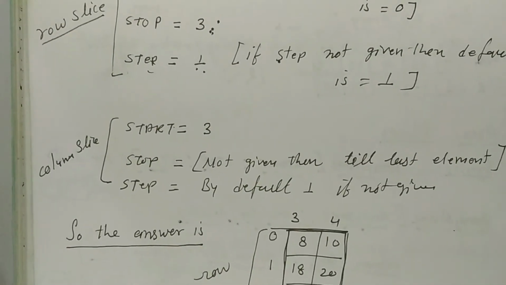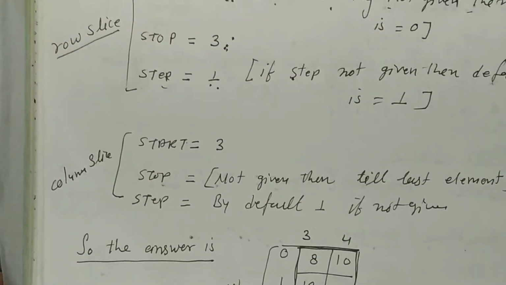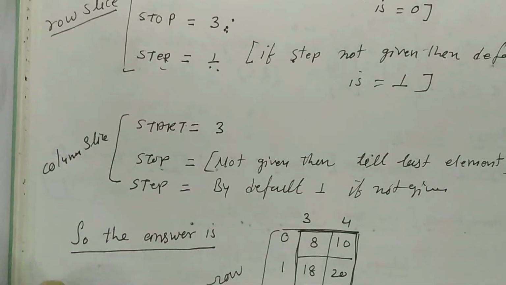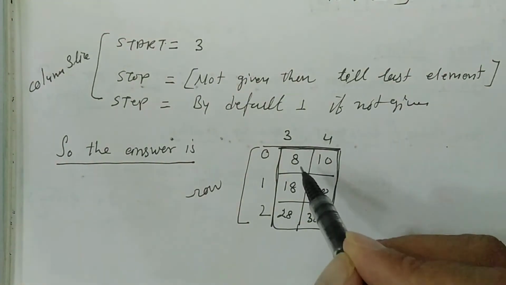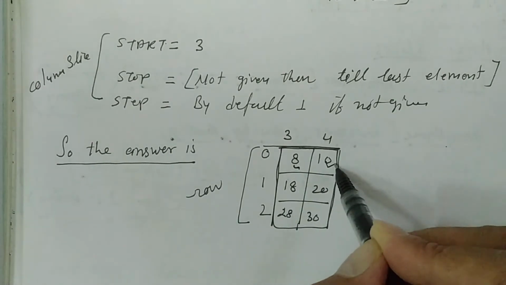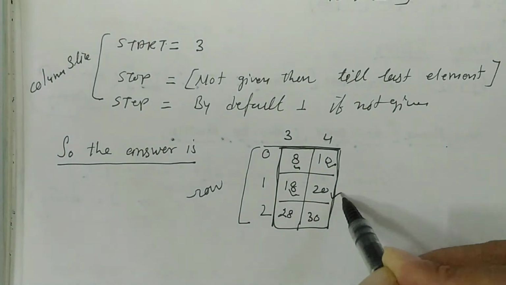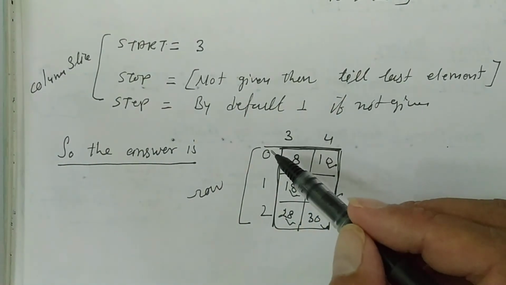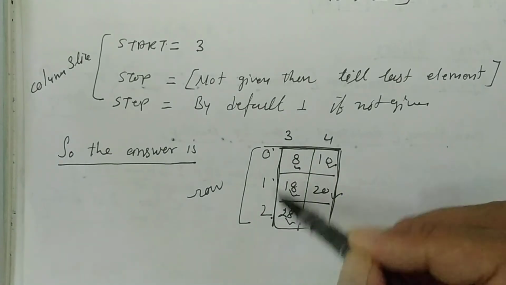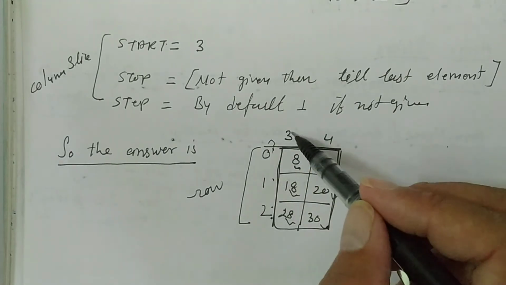So the answer of this question is, you can see, 8, 10, 18, 20, 28 and 30. By this one he is asking for 0, 1, 2, these 3 rows and 2 columns.